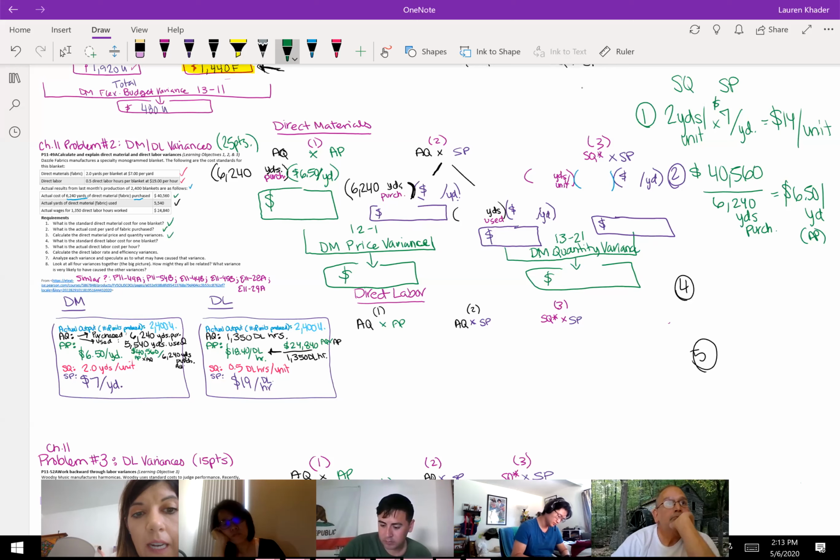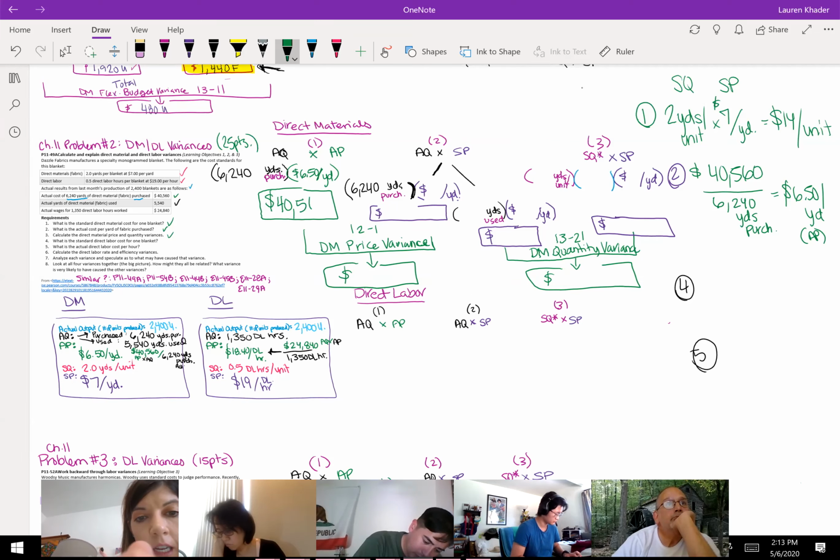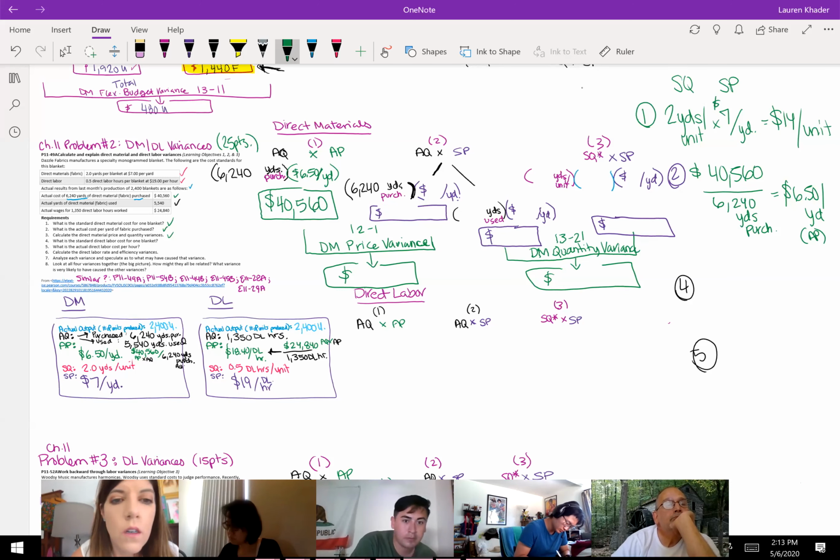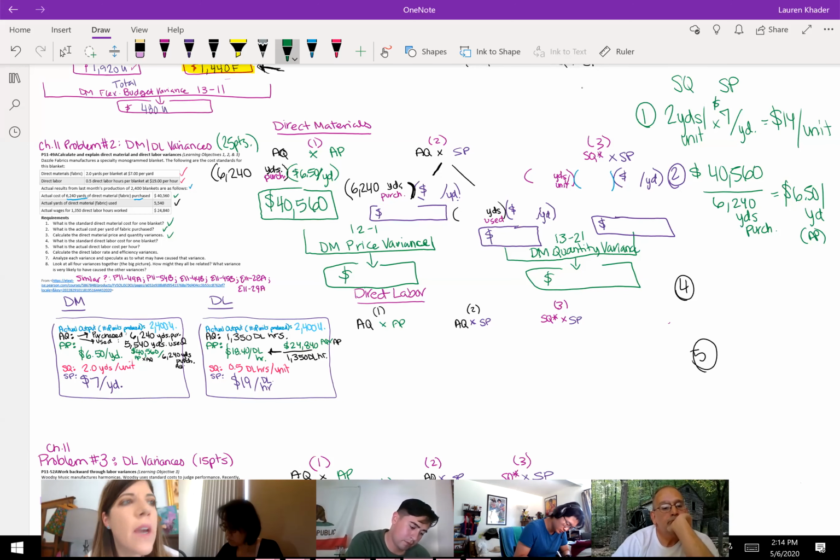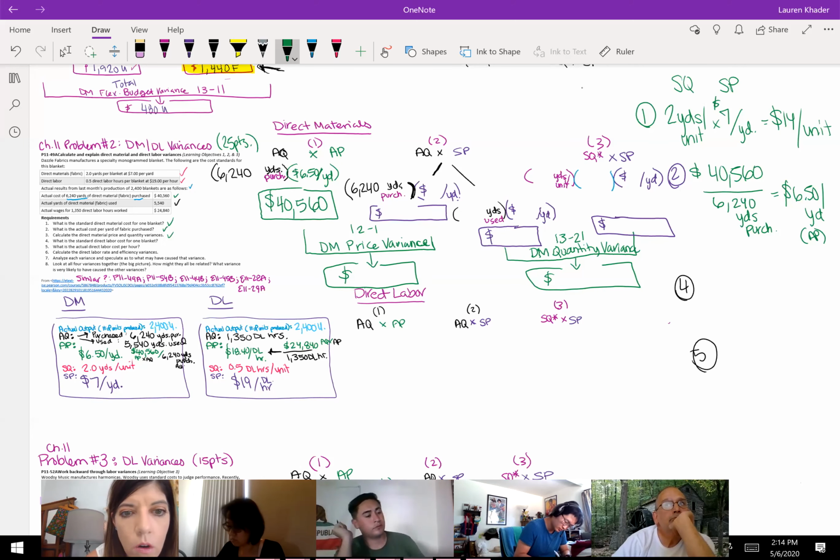You calculate out a total of $40,560, which was given. Sometimes when you calculate out that per yard amount, it's a rounded number. If they give you the total, always put the total here.